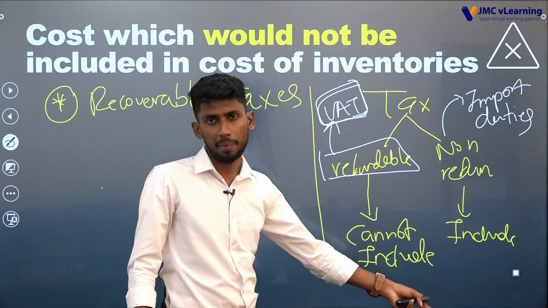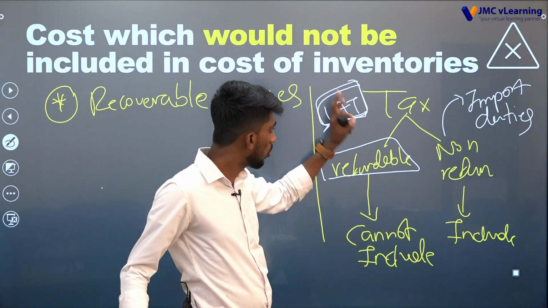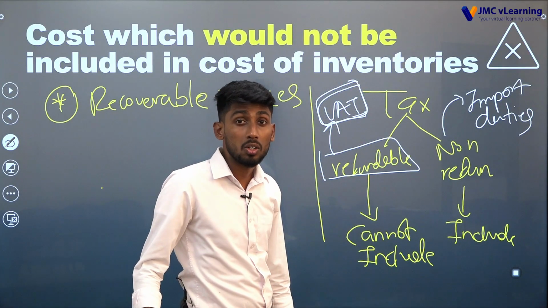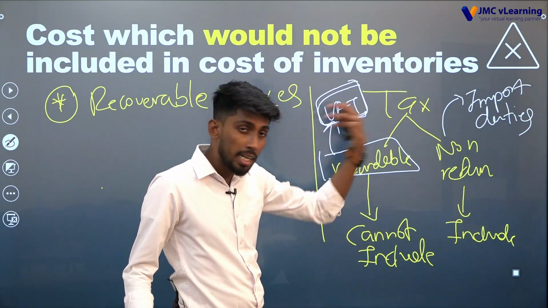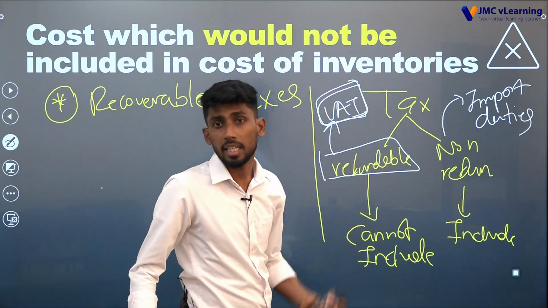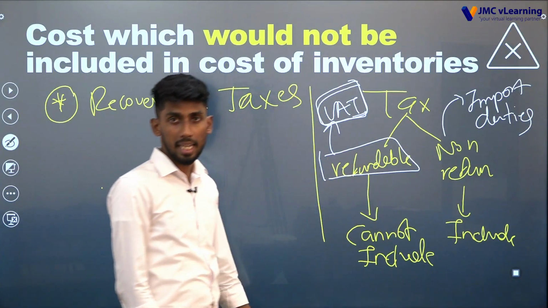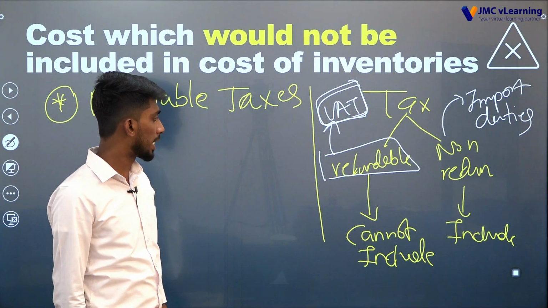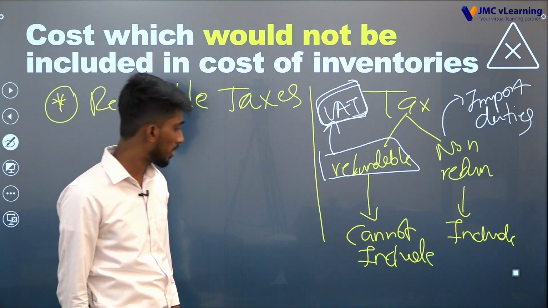This is same for PPE also. Here, keep in your mind, you can't include VAT in the cost. Why? Because it is refundable. We can reclaim that. Therefore, we can't capitalize it as an asset, because it will be recognized as a separate asset.